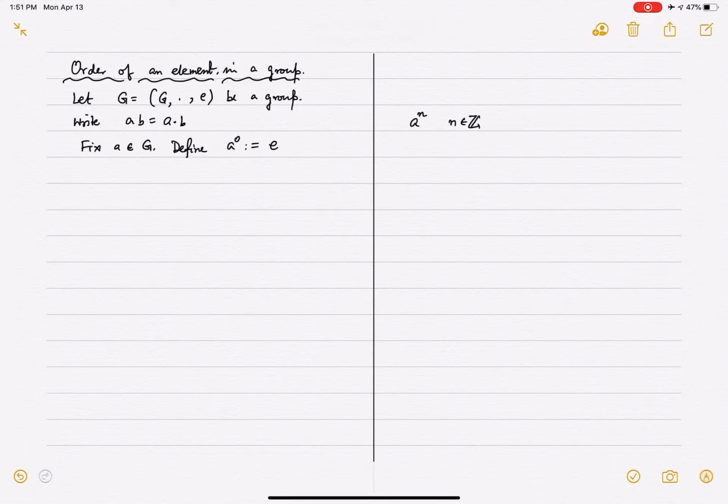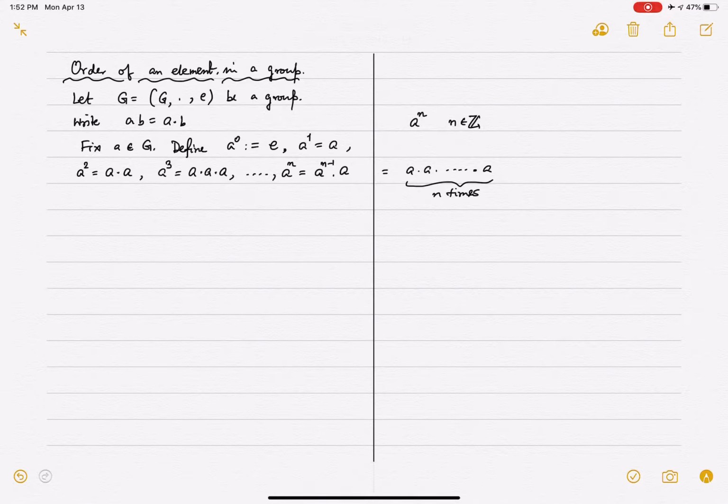It's like in the usual number system. a to the 1 is certainly going to be a. a to the 2 means a times a. a cubed means a times a times a, etc. So a to the n inductively means a to the n minus 1 times a. Or if you wish, it means a times a times a, n times.